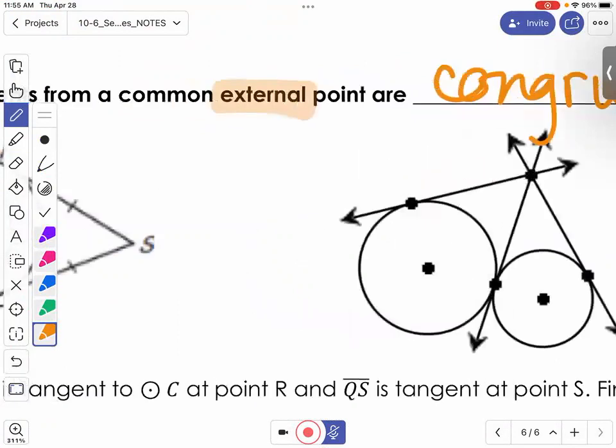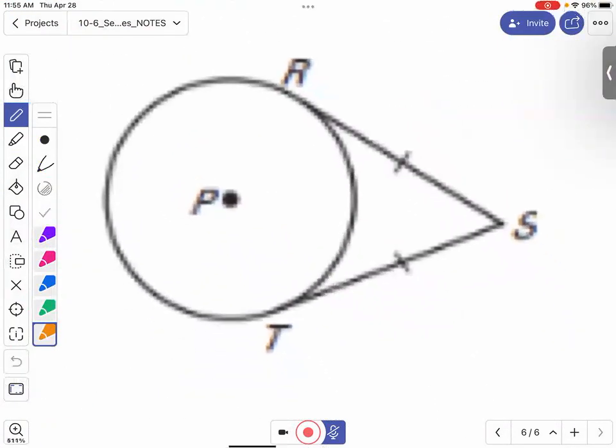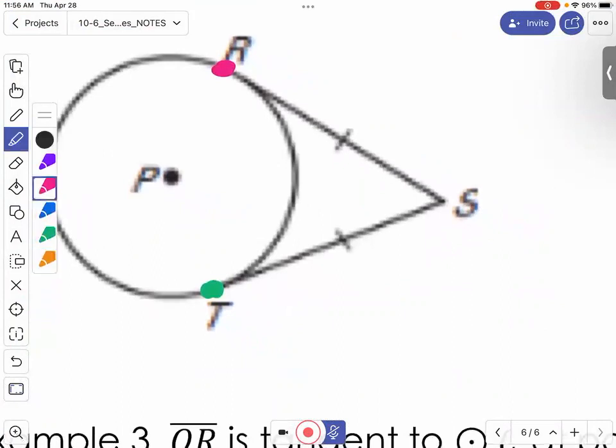So with that, when I look at circle P, my point R is a point of tangency, point T is a point of tangency. Both of these segments intersect at the exact same point outside of this circle, which in turn means since they both intersect at point S, they have to be congruent to each other. That's what it means by if they intersect at that common exterior point.